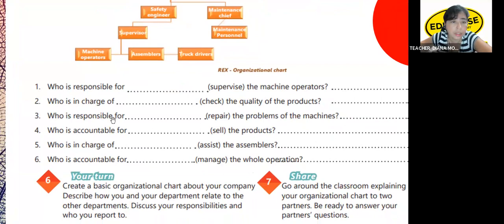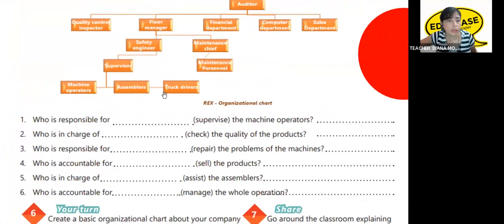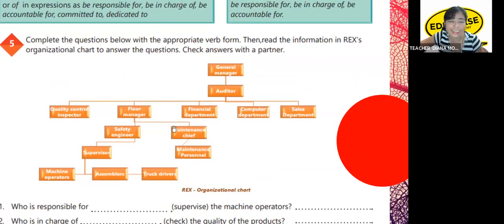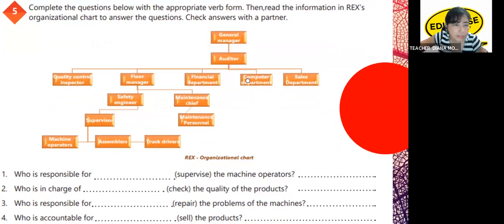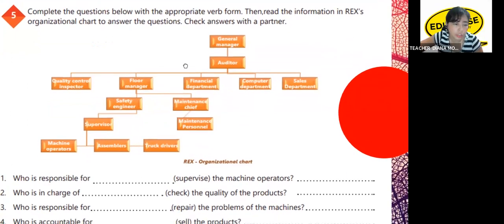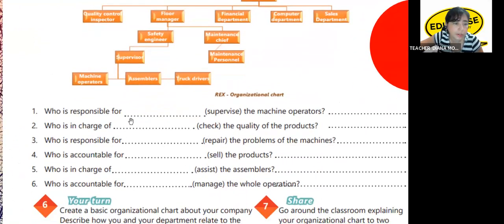So you can see here our organizational chart. This is the organizational chart of Rex. You remember that in the conversation yesterday, we were talking about this company. And we have some questions here.